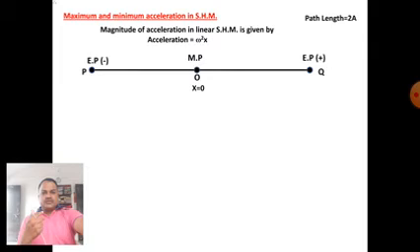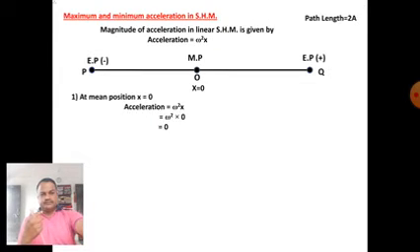At the mean position x is equal to 0, at the extreme position x is equal to plus a, because it covers the maximum displacement. On the left side x is equal to minus a. Put these values in the above equation, acceleration is equal to omega square x.